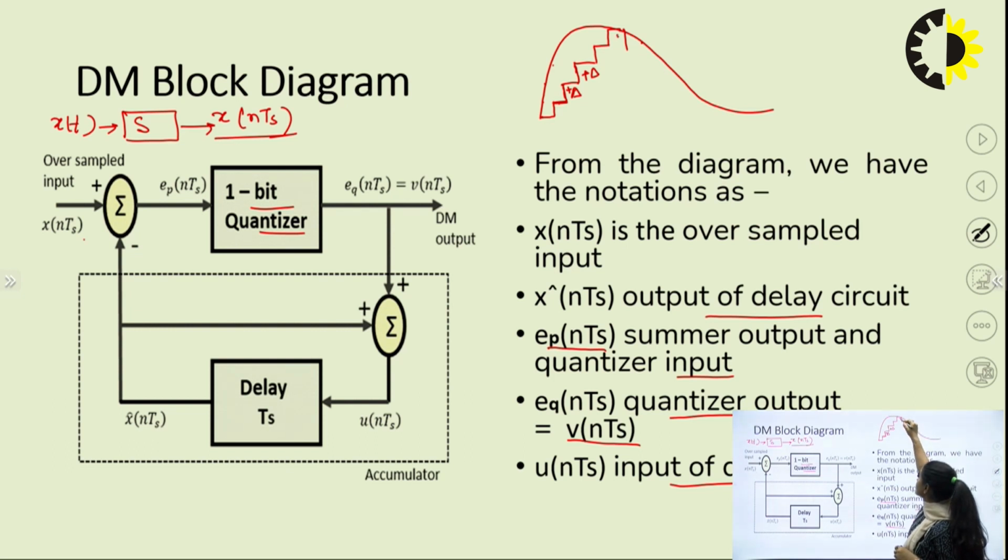We decrease the step size by minus delta, and we keep doing it, right? Such a representation I can provide for this analog signal. So we can see from here that for this analog input, this staircase kind of representation is the output, my delta modulated waveform, right? Although we do receive some noise here, which we discuss in the coming slides.